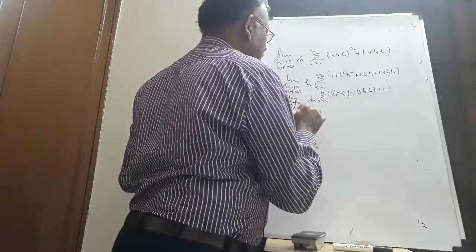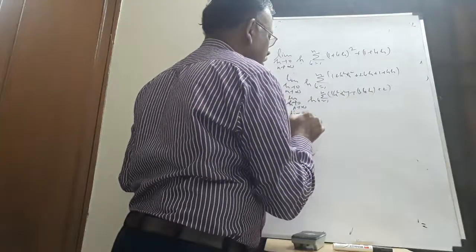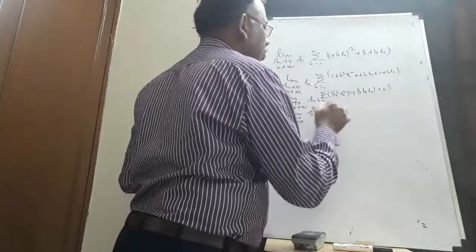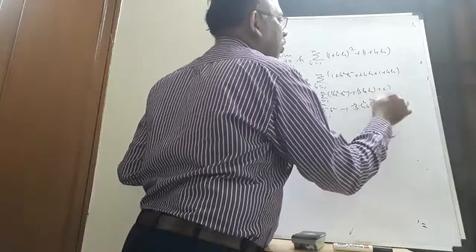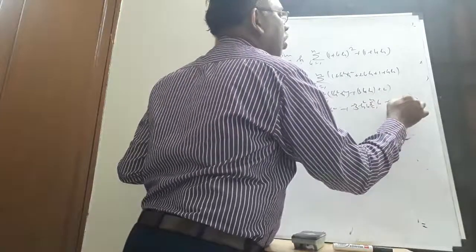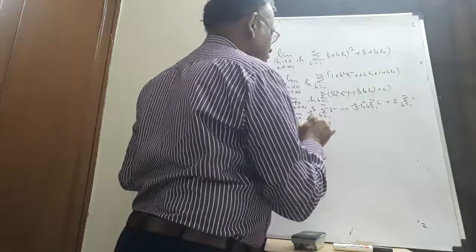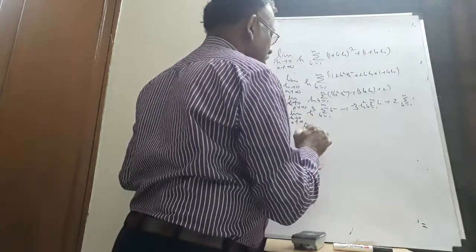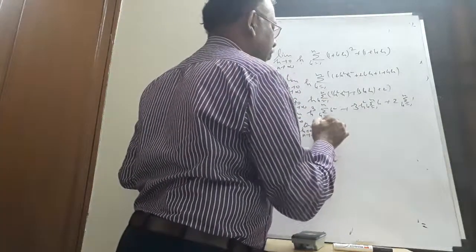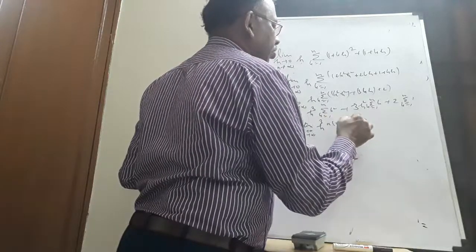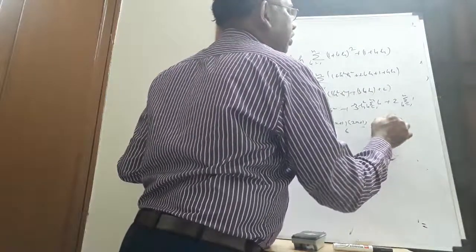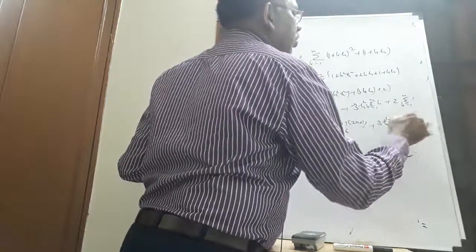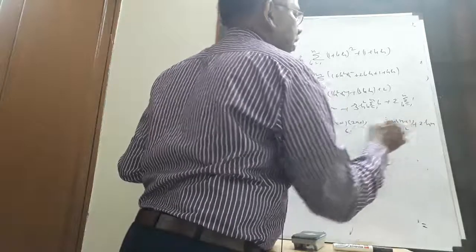Therefore, this is limit h tends to 0, n tends to infinity of h cube into sigma k square, k equal to 1 to n, plus 3h square into sigma k, k equal to 1 to n, plus 2 sigma 1, k equal to 1 to n. Therefore, this is reduced to limit h tends to 0, n tends to infinity of h cube into n into n plus 1 into 2n plus 1 by 6 plus 3h square into n into n plus 1 by 2 plus 2hn, let us say.